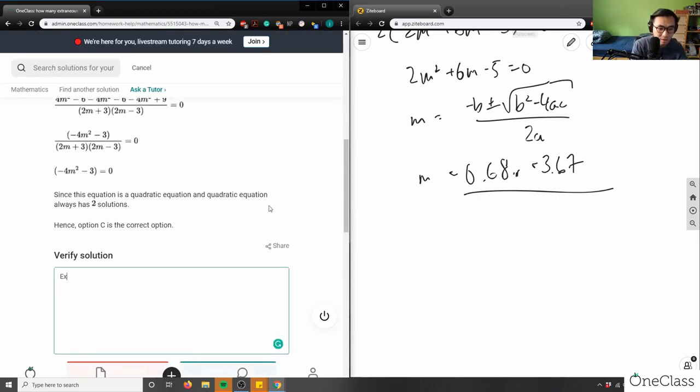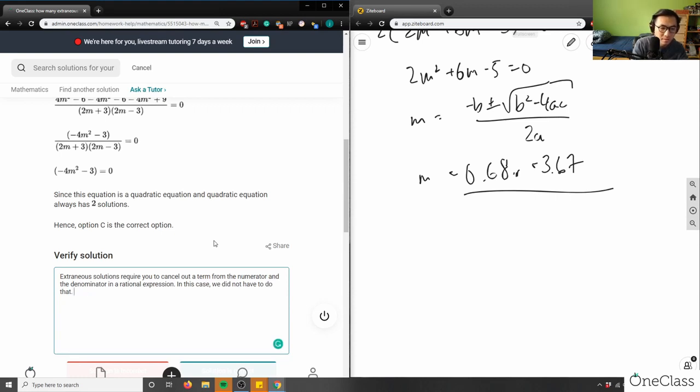So when we talk about extraneous solutions, they require you to cancel out a term from the numerator and denominator in a rational expression. In this case, we did not have to do that.